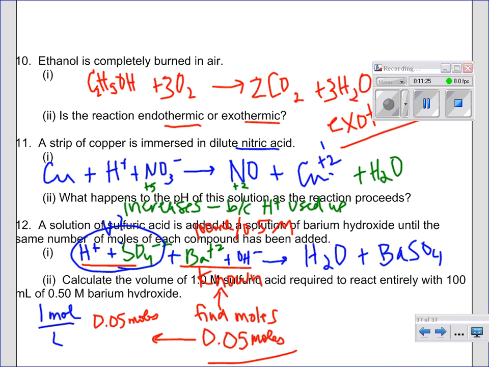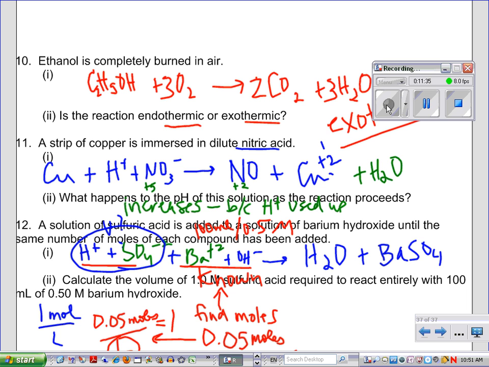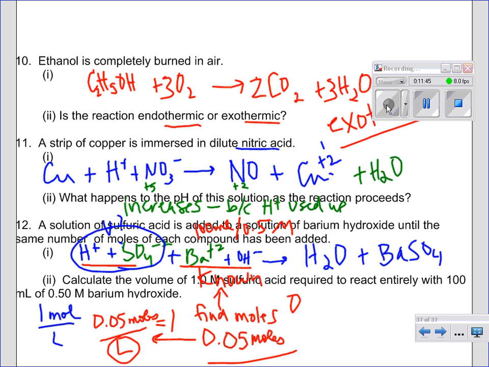The question is moles per liter. What volume do we need to react with 1 molar? So what's 0.05 divided by 1? It's 0.05. So we need 0.05 liters or 50 mL. Got it?